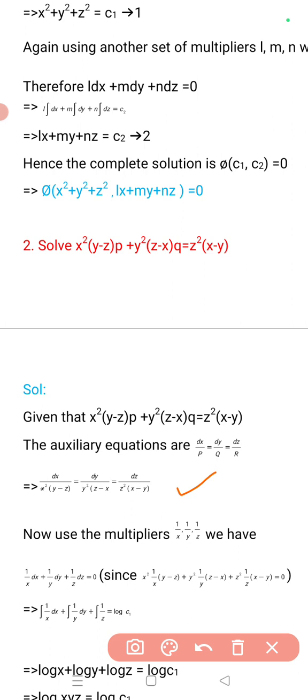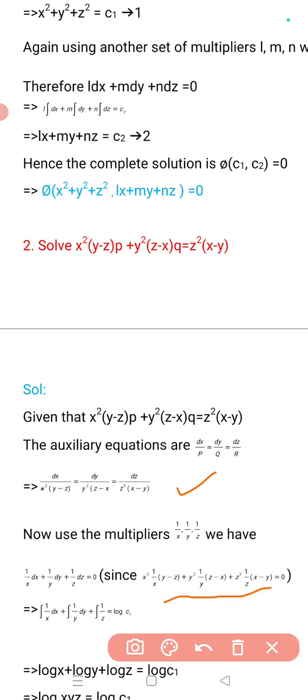So previously I have used one set of multipliers in the problem, and these multipliers change according to the problem. See here, I have used 1 by x, 1 by y and 1 by z. Why did I use 1 by x, 1 by y, 1 by z? In the numerator part I have x square, so I can easily eliminate them, and if I add all the terms, what do I get?